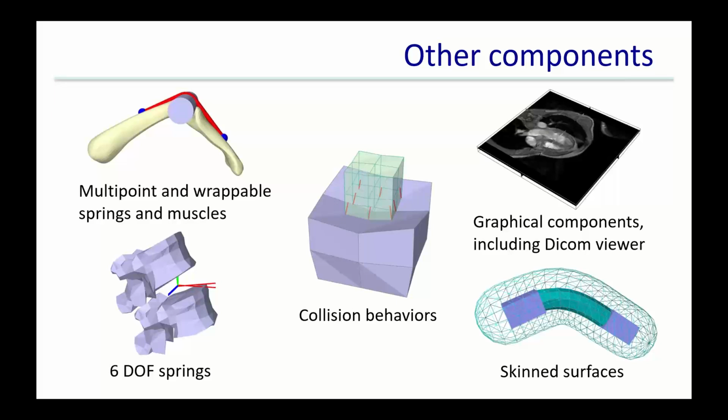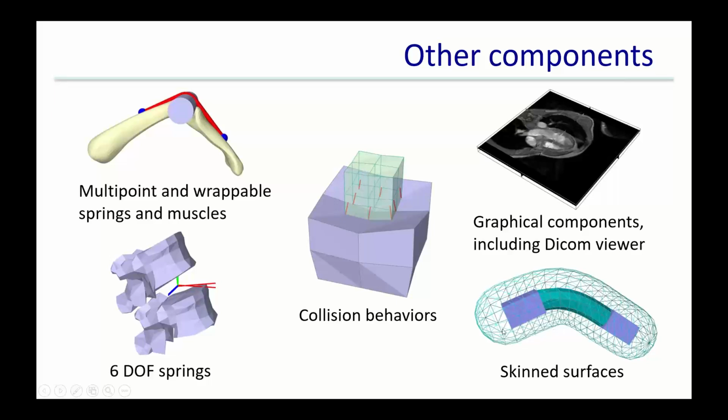There are a number of other components that were alluded to in the demo. So we have multi-point springs and wrappable structures. We have 6-degree freedom springs. Collision behaviors are represented as components. There's a variety of graphical components, including a DICOM viewer.